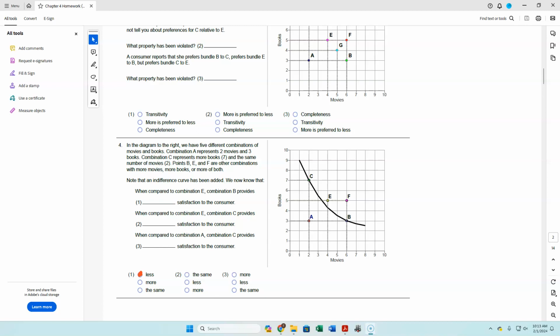C would be providing less. And then finally, when we're comparing it with A, C would be providing more, right? Because presumably A would be a lower indifference curve. Okay, I'll pause here for a second.